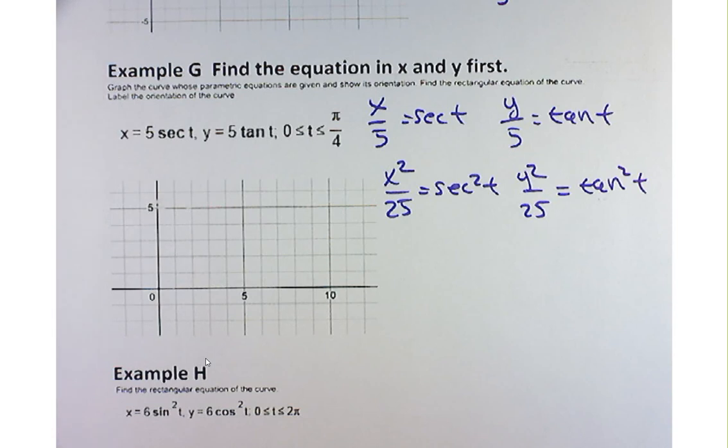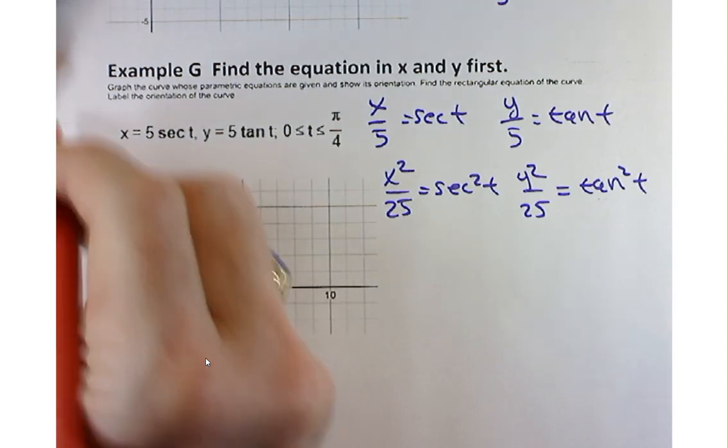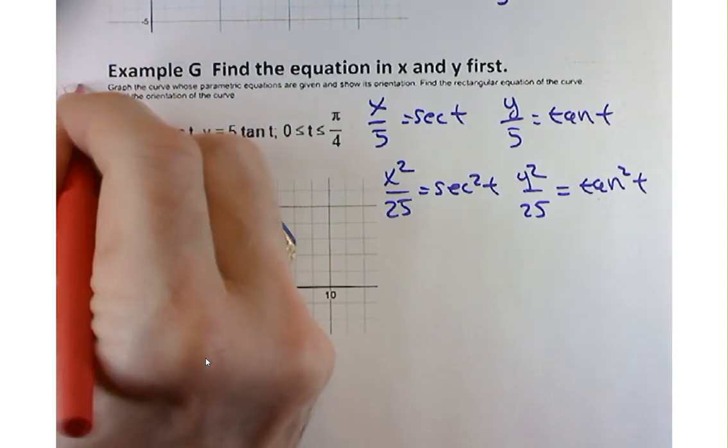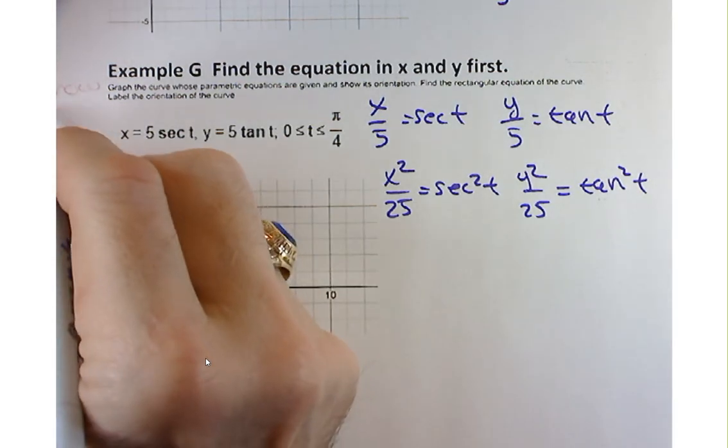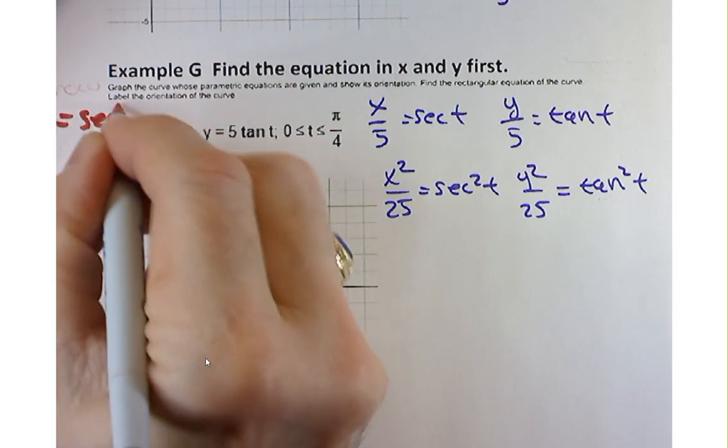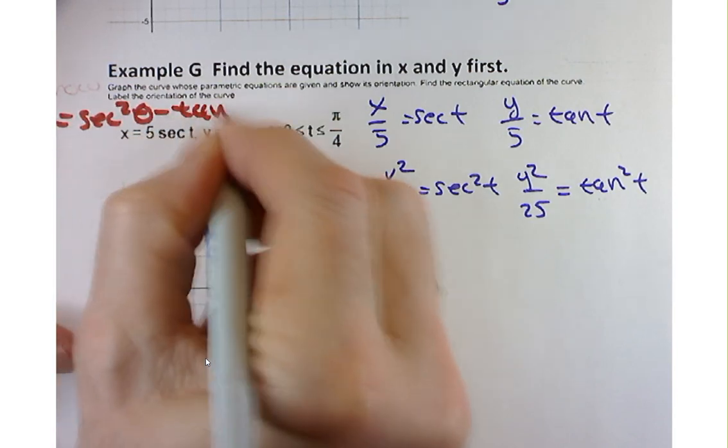Now be careful how you combine these things. What we know from what we just derived is that 1 equals secant squared of theta minus tangent squared of theta.